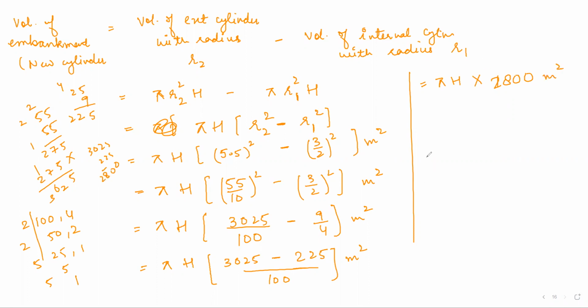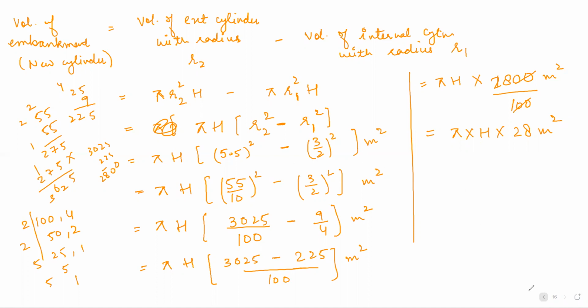Is this calculation correct? And then divided by 100, of course, so 2 zeros will also get cancelled out. So I have pi into h into 28 meter square as the volume of my embankment. So I hope this is correct.